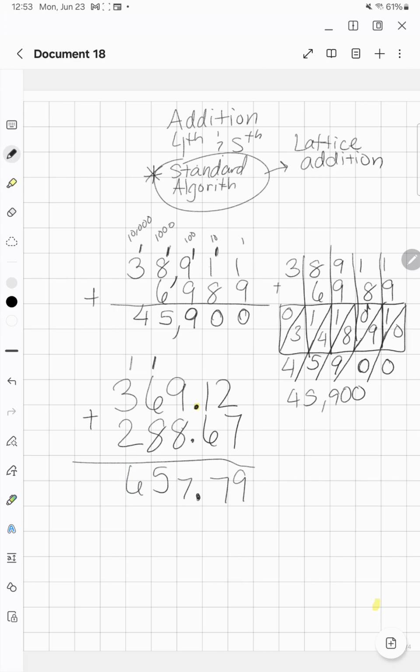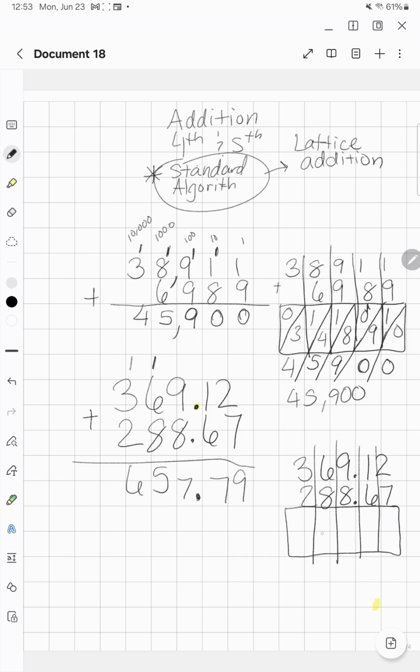Now I can do lattice as well, so you can see what it would look like. You would still stack it just the same. Separate it based off its place value, and there you got your rectangle here.